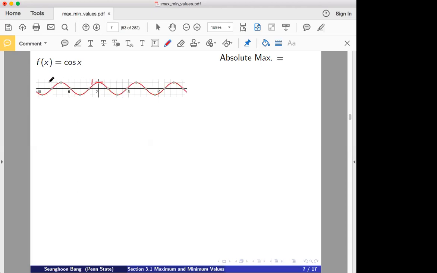Yes, this is 1 here. All function values are below y equals 1. So absolute maximum is 1. Absolute minimum is, yeah, this point. The y value is -1.